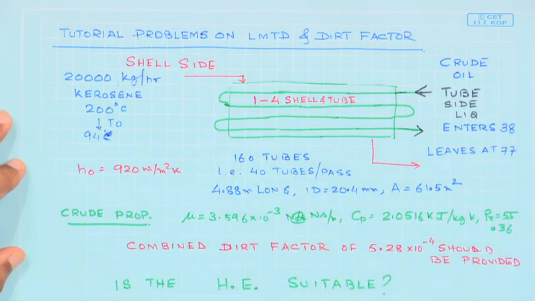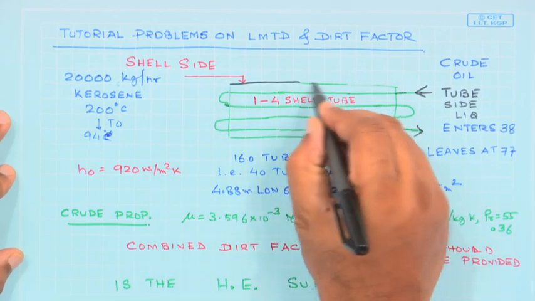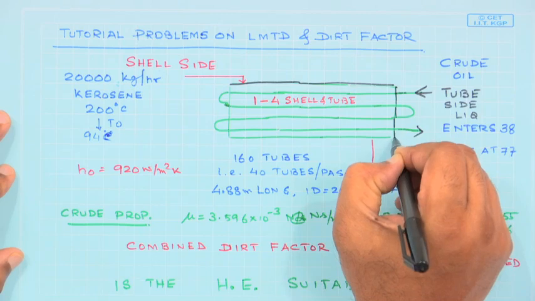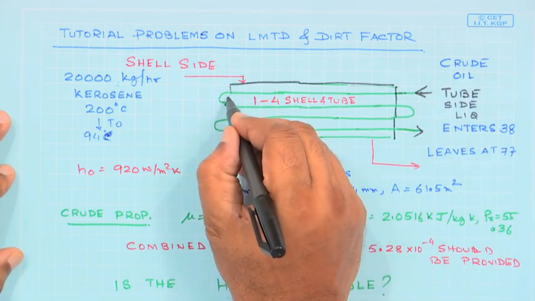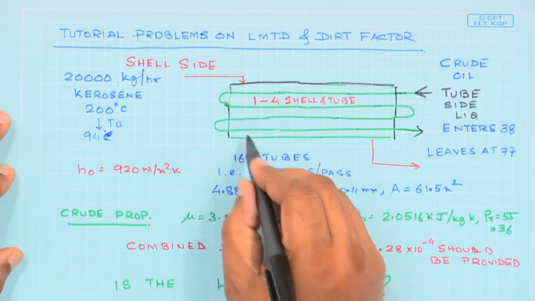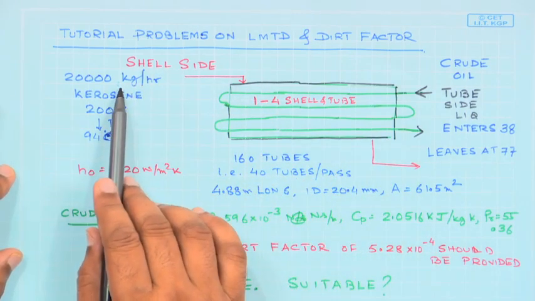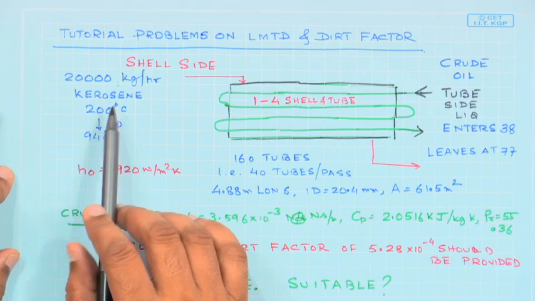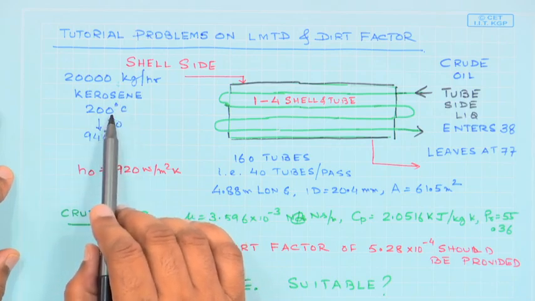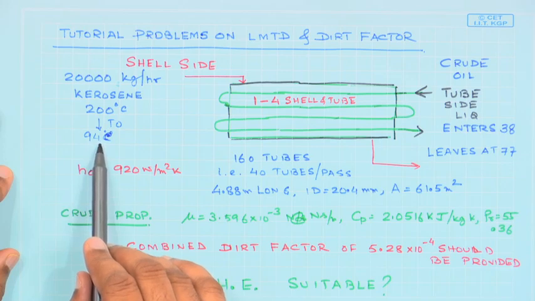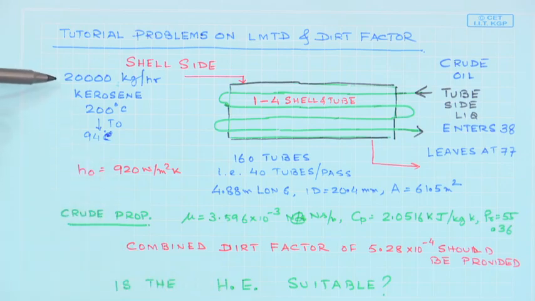The outside one that we see is the shell, the green line which you see, and in the shell side 20,000 kg per hour of kerosene at 200 degree centigrade is entering, which is being cooled to 94 degree centigrade. So, the mass flow rate of kerosene and the inlet and outlet temperatures are provided.